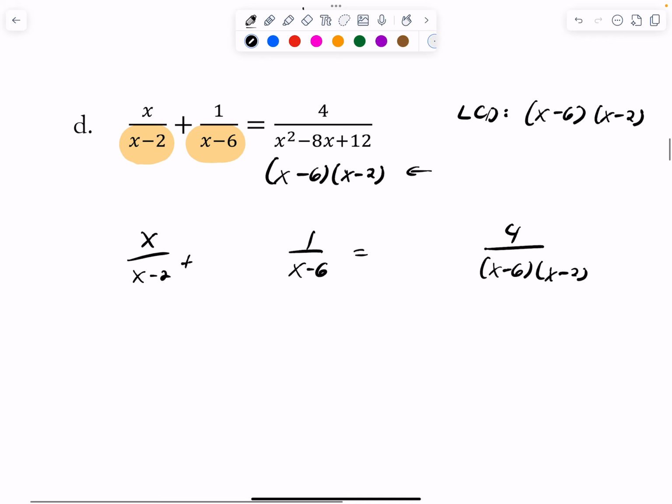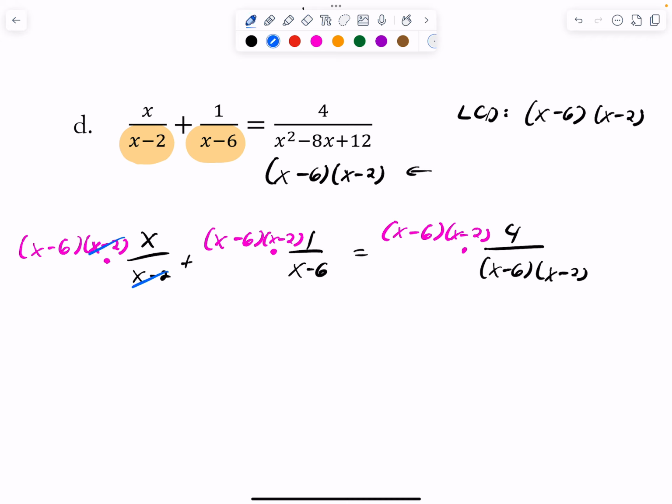All right, I'm going to multiply the numerator by the LCD with the intent of crossing out with the stuff that's in the denominators. All right, that's the whole point. So let's see what crosses out. So I've got x minus 2 is cross out, x minus 6 is cross out, and actually everything crosses out there.